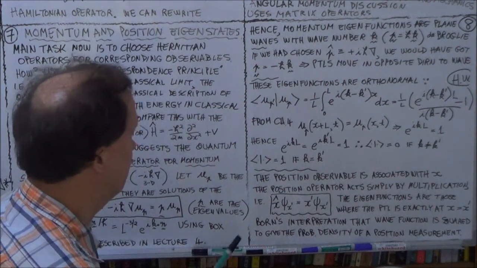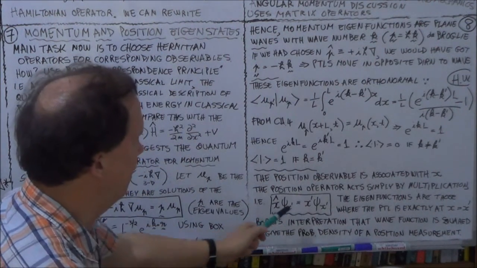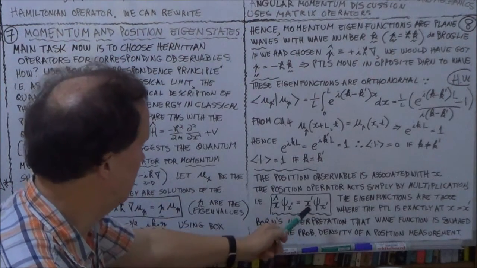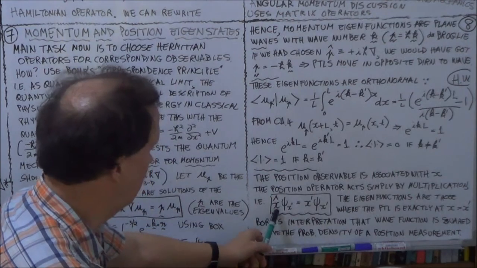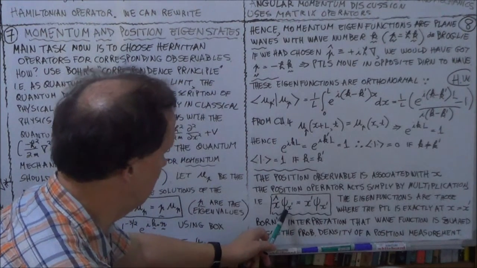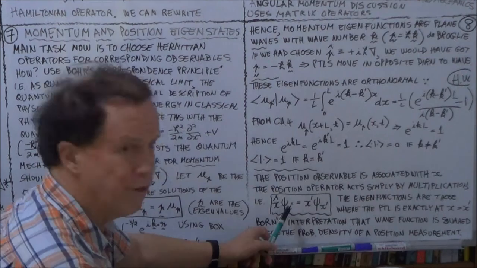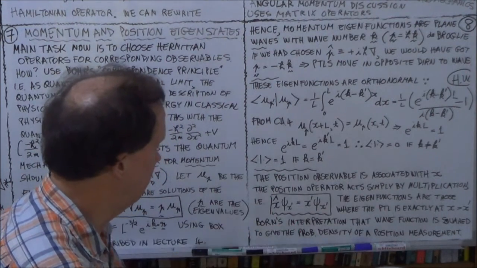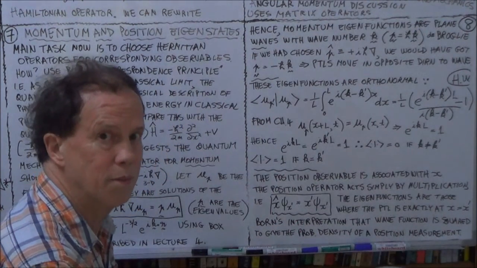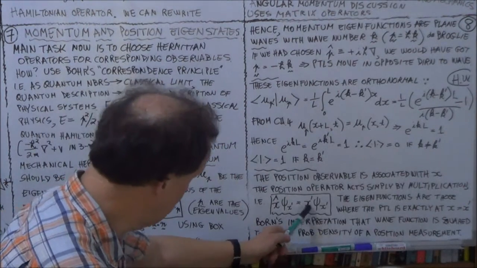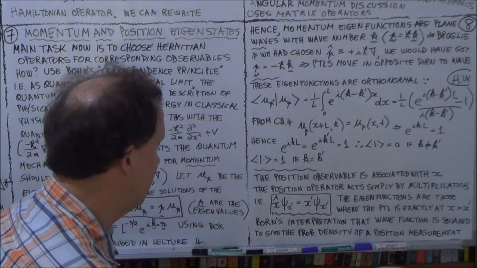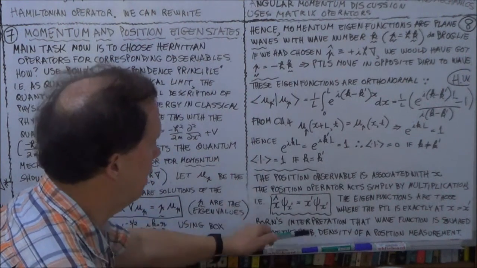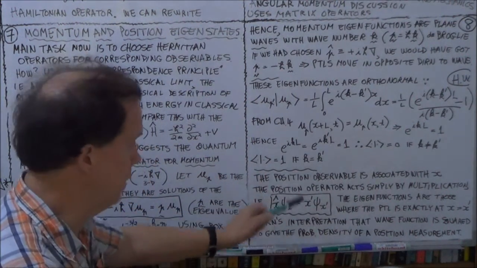What that means is, it's a fairly simple suggestion. This operator here, in effect, is just: take the eigenfunction and multiply it by x. Yeah, it's pretty simple, right? You take the eigenfunction and multiply by x. That's all that's involved. But there are some mathematical complications.